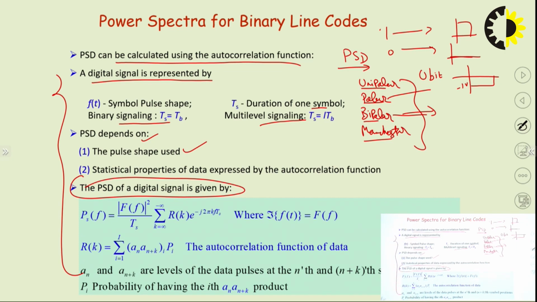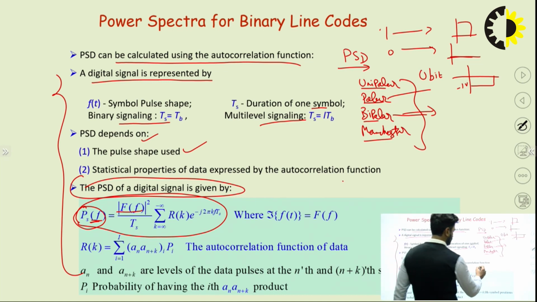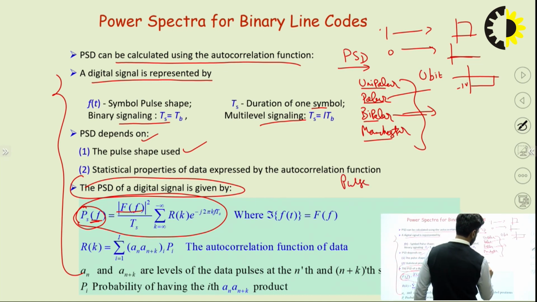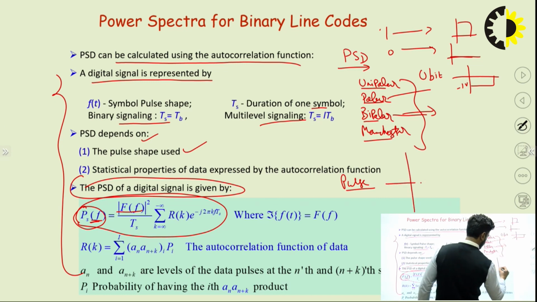Now here you can see the formula for the power spectral density. In the previous slide I wrote this: S(f) is the power spectral density in the frequency domain f. F(f) is the Fourier transform of the pulse. The pulse we are using here is a rectangular pulse from 0 to Tb.